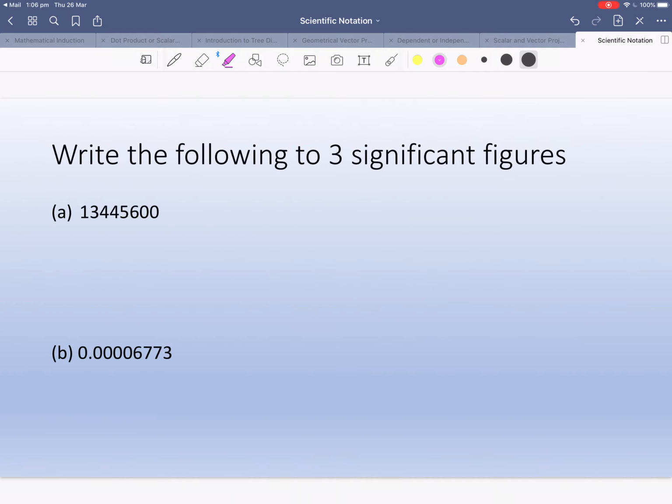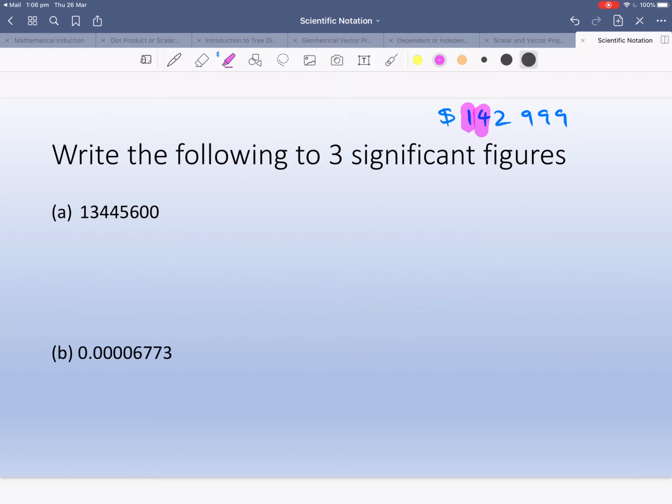All right, write the following to 3 significant figures. So we've got the same question doubled up, but now with the 3 most significant figures. Quickly, if I've got $142,999, which are the 3 most significant figures? The first one is worth $100,000, so that's the most significant.